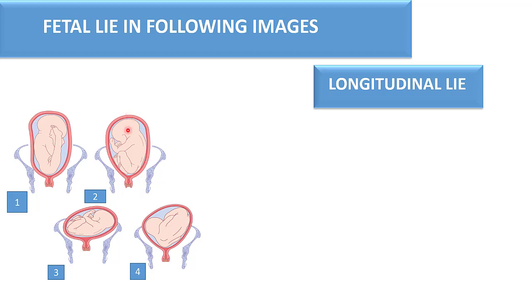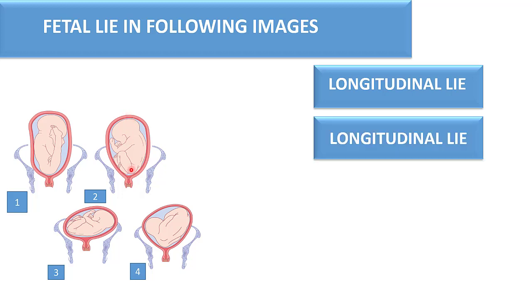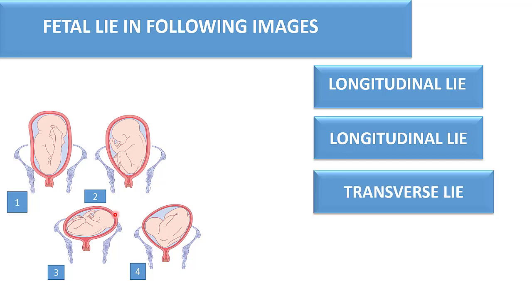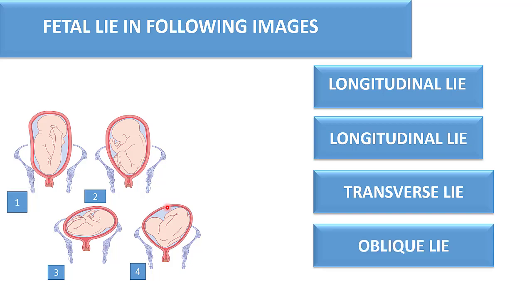Yes, it is longitudinal lie. So, what is the fetal lie in the third image? Yes, you're right. It is the transverse lie. What is the fetal lie in the fourth image? Yes, it is oblique lie.